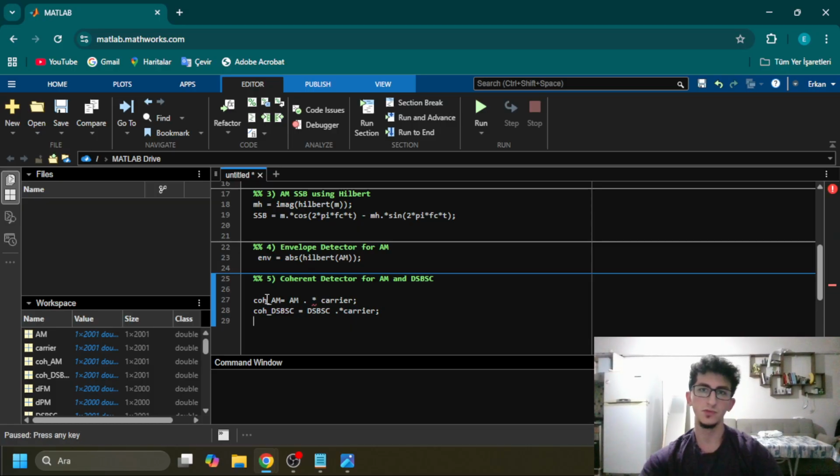So we have defined AM and DCBSC modulations in this step, and again we are gonna do something about low pass situation.